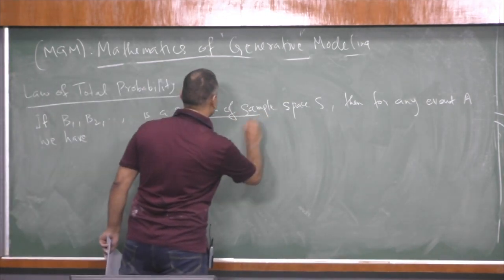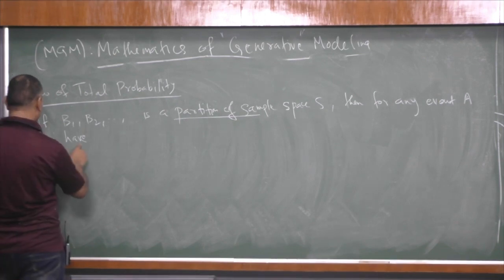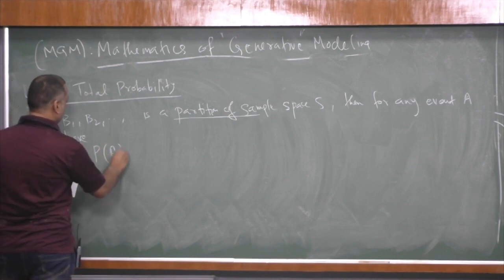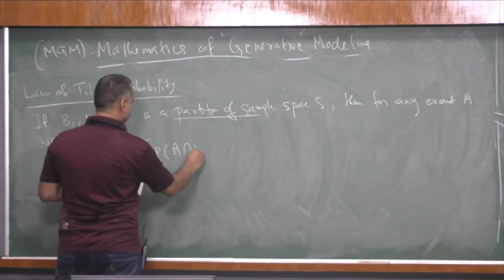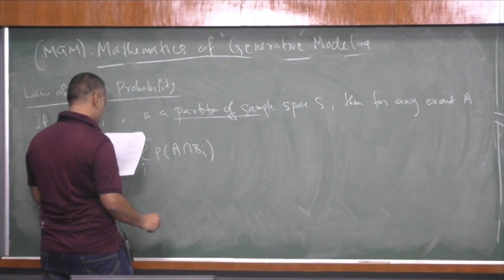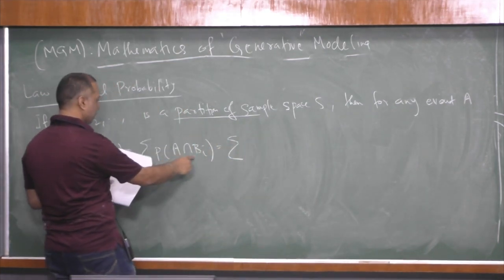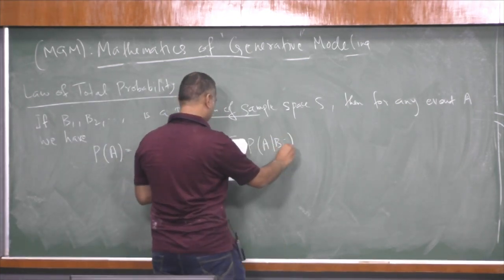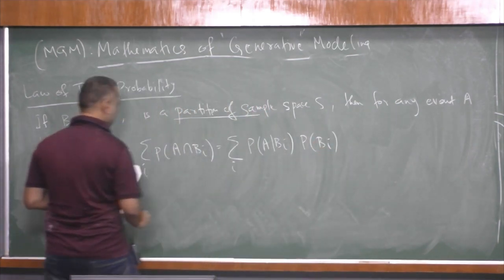There is a concrete definition of a partition of a set: they should not intersect and their union must be the whole set. So we can write down: probability of A is the sum over i of probability of A intersection Bi, and for A intersection Bi we can use that formula. So this will be probability of A given Bi times probability of Bi, summed over i.